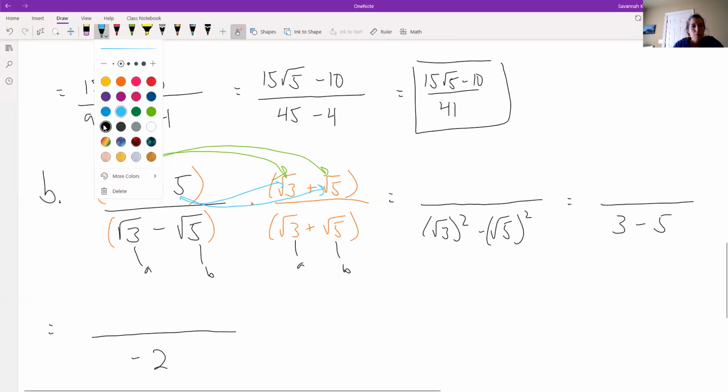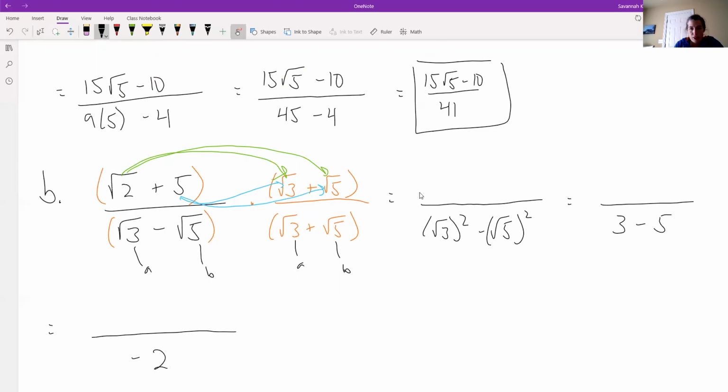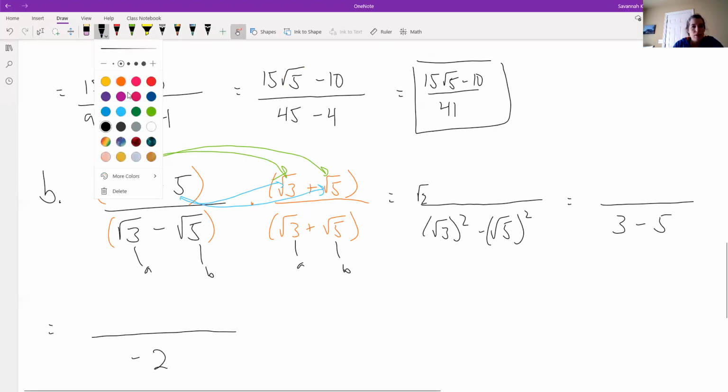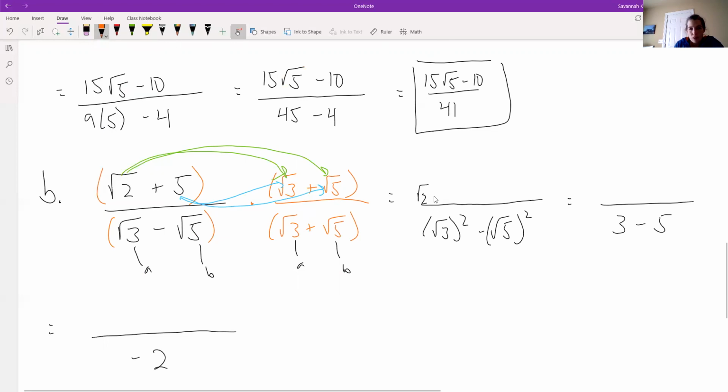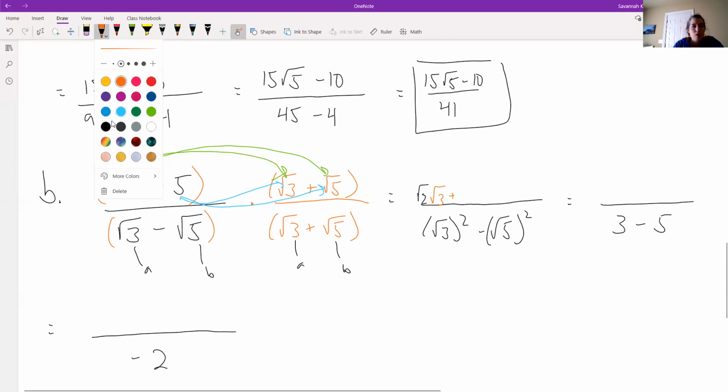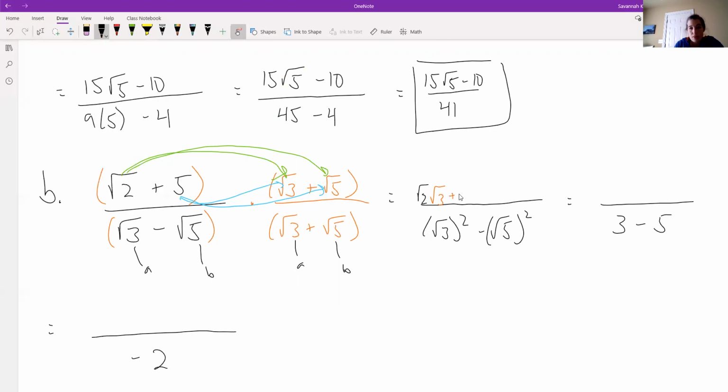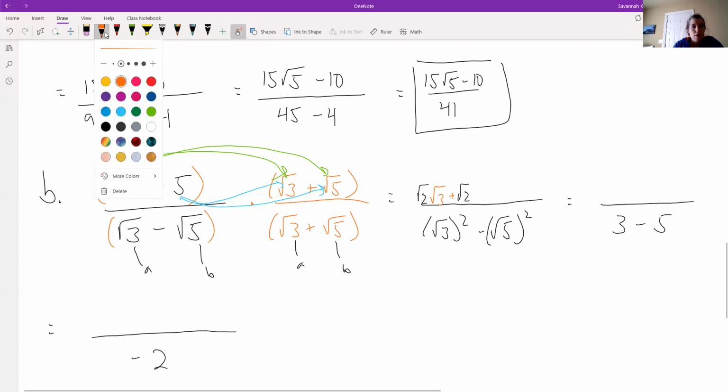Let me be careful here with my color coding, see if I can fit this all up here. Square root of 2 times the square root of 3, plus square root of 2 again times the square root of 5.